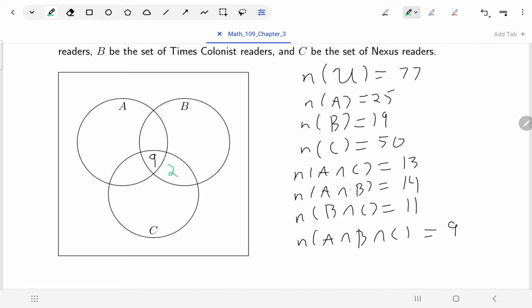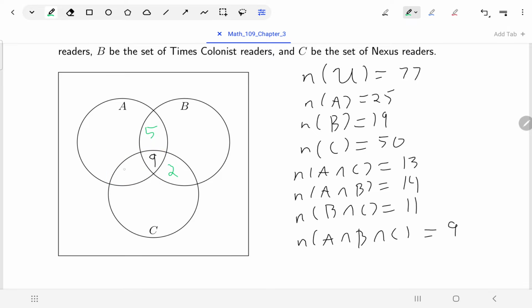And I'll do the same for the other 2 pairs of sets. A intersect B, which is this oval, needs 14 people in it. I've already got 9 there, so 14 minus 9, that leaves me with 5 people. And then I'm going to do the last one, A intersect C, that would be that little oval. I need 13 people there.